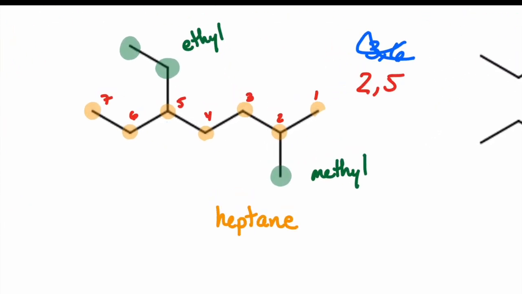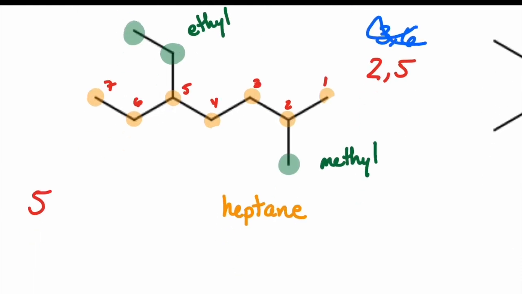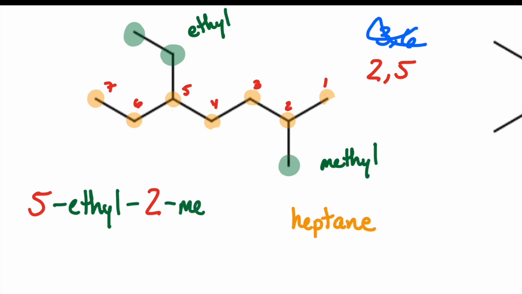So I have my methyl group on carbon 2, my ethyl group is on carbon 5, but the E comes first in alphabetical order. So this would be 5-ethyl, all right, 2-methyl, 2-methylheptane.